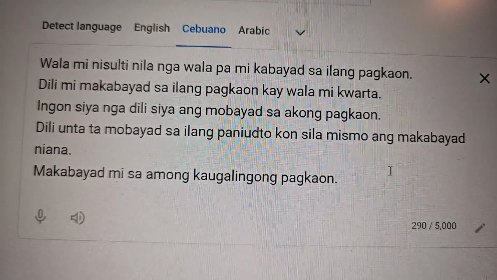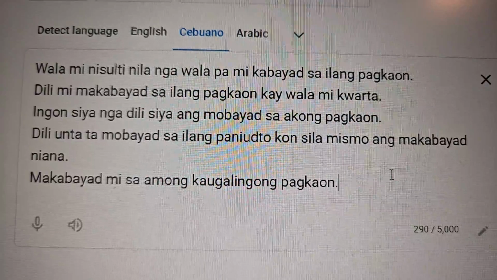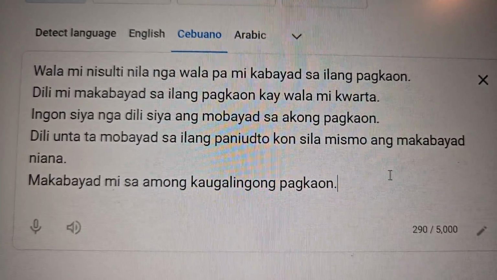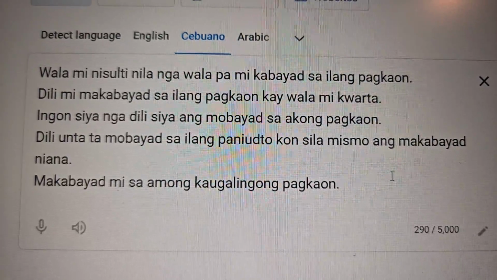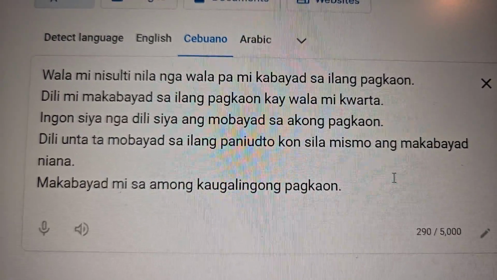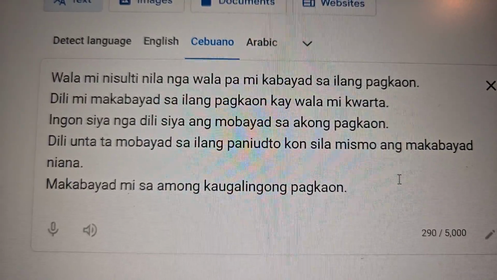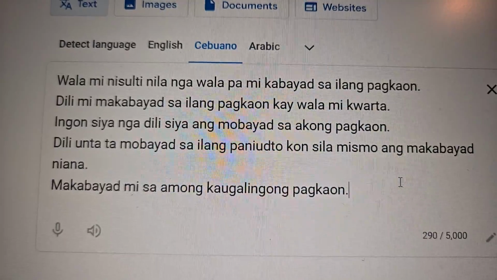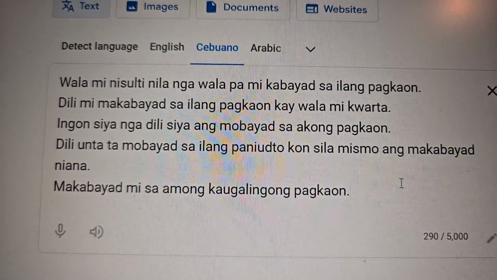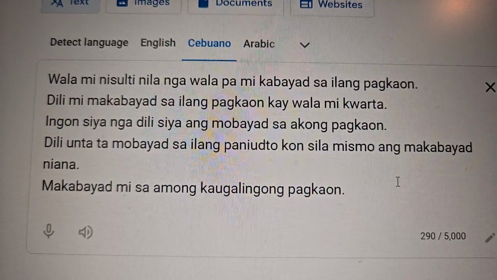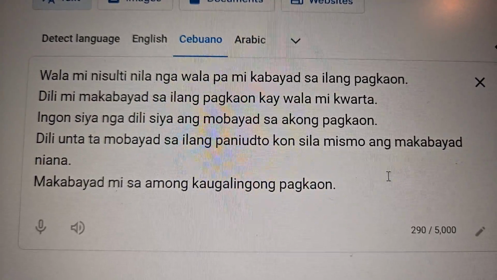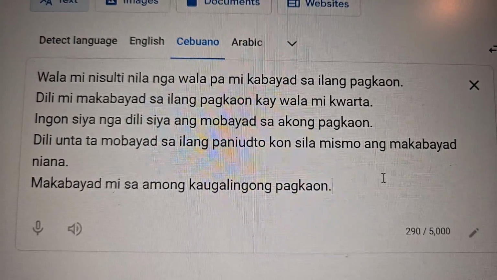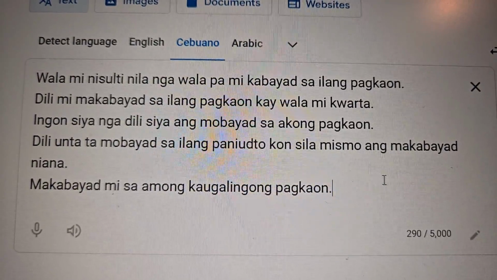The translation: dili unta ta mobayad sa ilang paniudto kung sila mismo ang makabayad niana. We wouldn't have paid for the lunch. Or it can also be translated: we shouldn't have paid for the lunch if they could themselves have paid for it, or if they could have paid for it themselves. And that niana there can also be if they could have paid for that themselves.